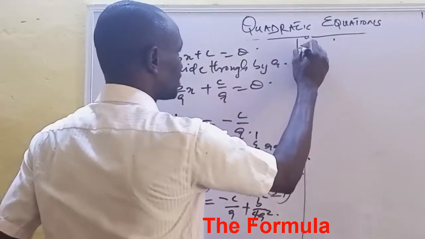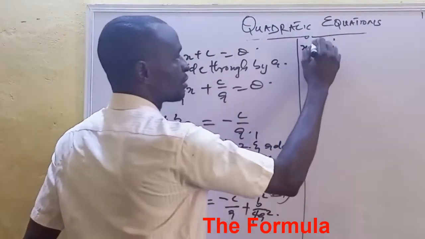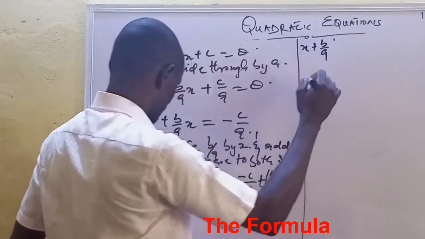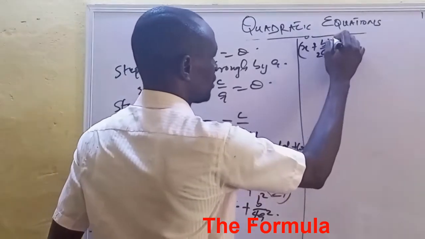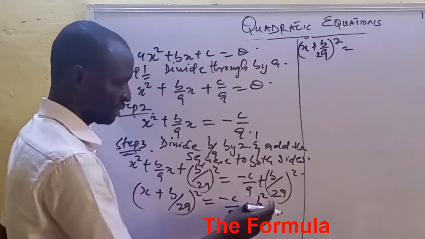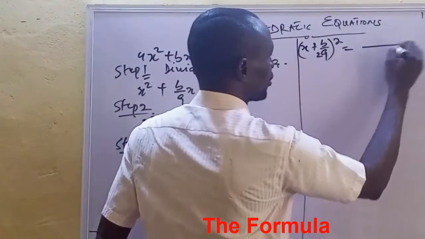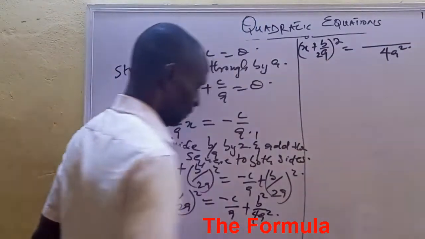So that my x plus b over 2a all squared is the same thing as, let's take the LCM of this, 4a squared.